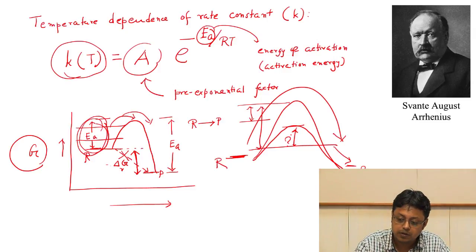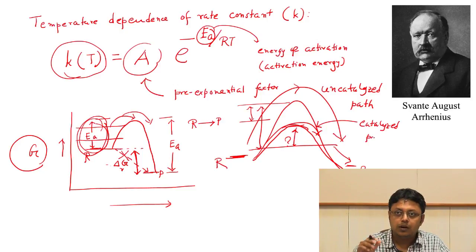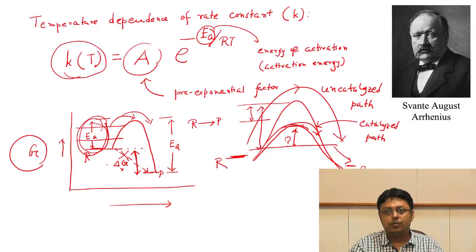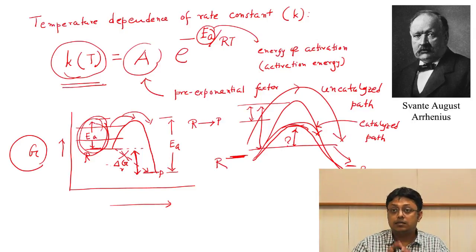So the reaction doesn't follow this path now, which is known as the uncatalyzed path, but it now follows this path, which is much more energetically favorable. That is known as the catalyzed path. We're going to discuss how the catalyzed path helps the reaction proceed. Now you can easily imagine if EA is smaller, the reaction rate becomes faster at the same temperature.